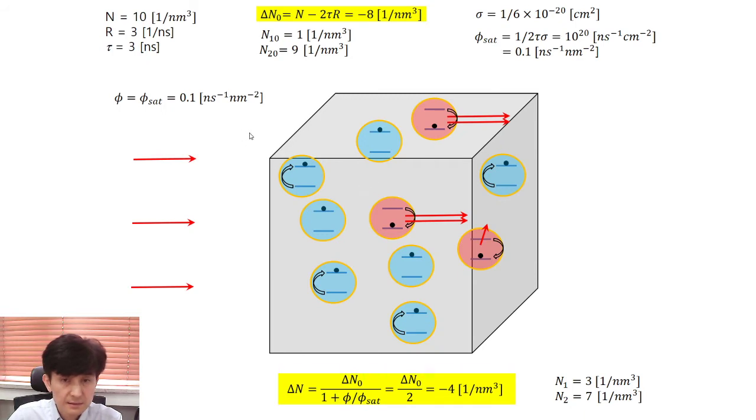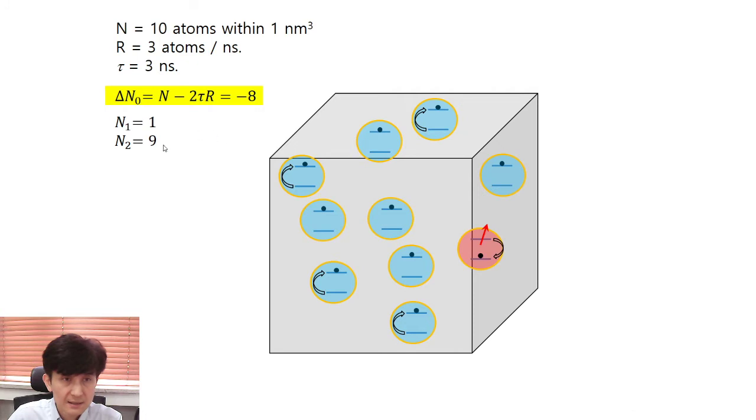This situation is exactly the same as this case, except for the external photon into the medium. So we have n equal to 10 atoms per 1 nanometer cube, R is equal to 3 atoms per nanosecond, and tau is equal to 3 nanoseconds.